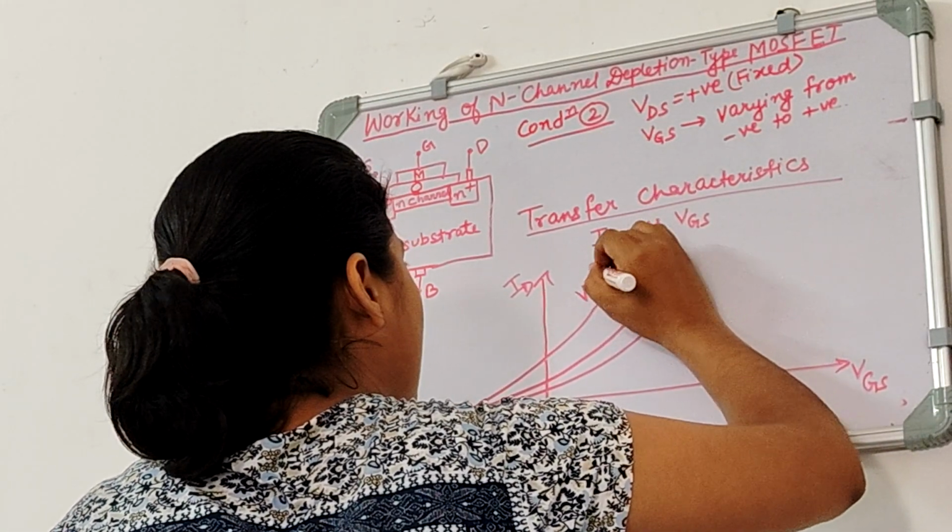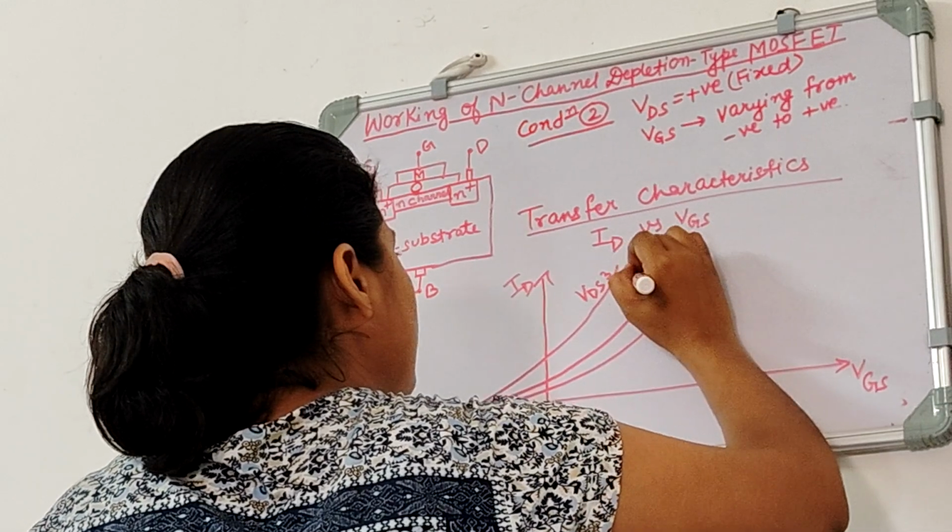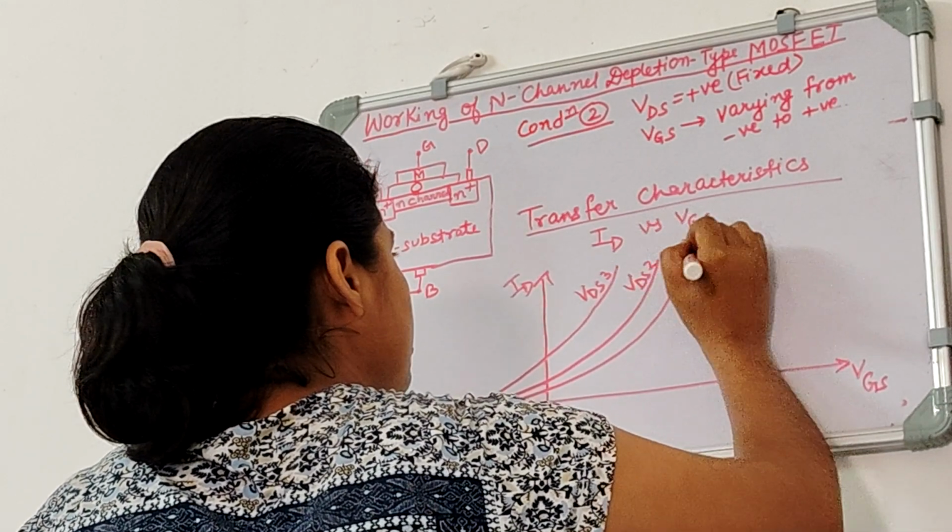These three curves are for different VDS values: VDS3, VDS2 and VDS1.